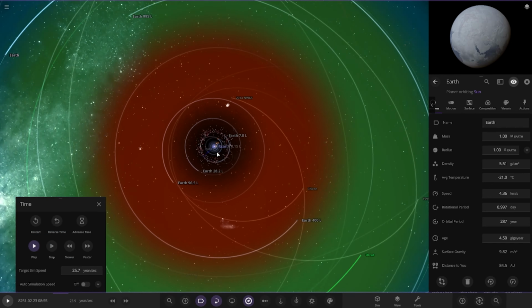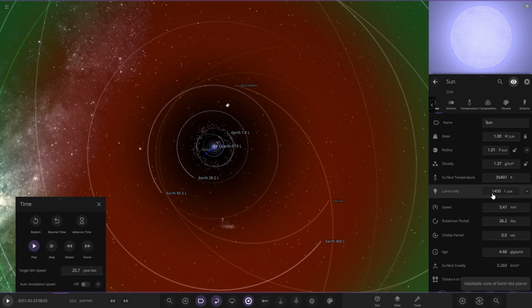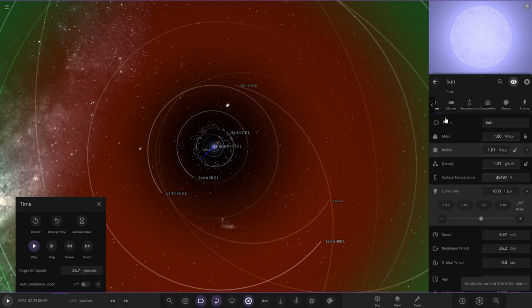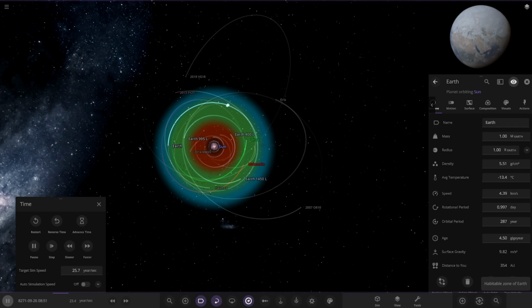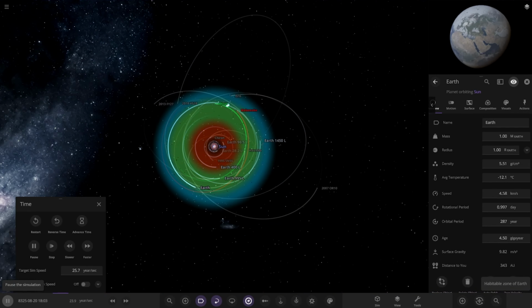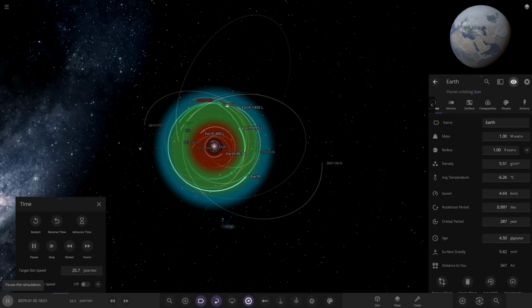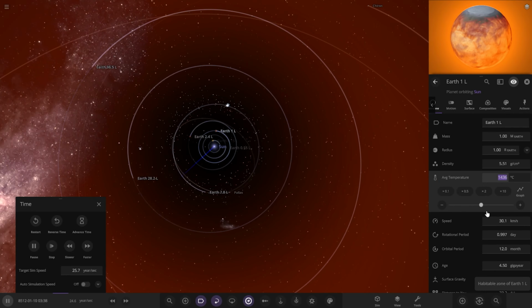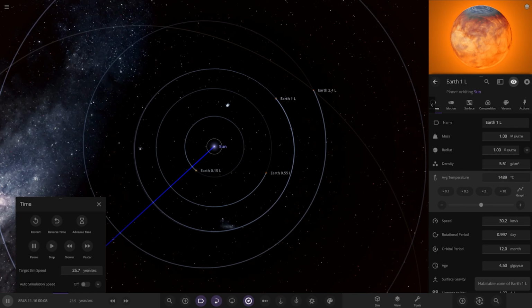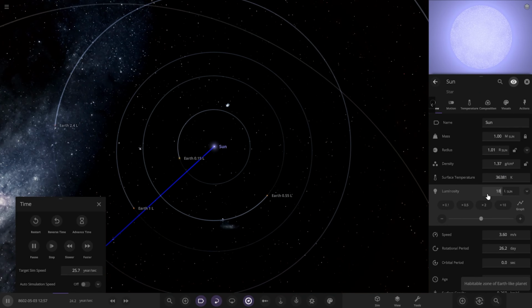So what we can do is go to 1600. Go over here. Yeah, that's a big change. No, it's still not enough. Okay, back to the sun. Oh dear. Those inner objects are just not having it. 1800.